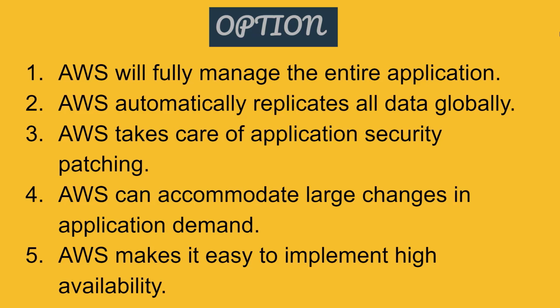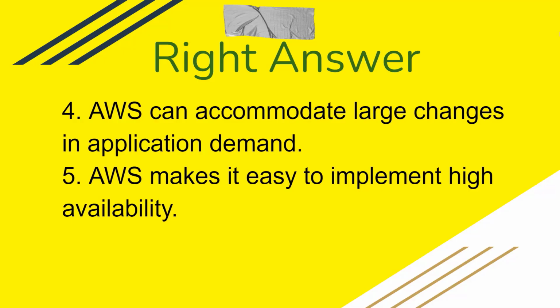AWS takes care of application security patching. 4. AWS can accommodate large changes in application demand. 5. AWS makes it easy to implement high availability. Right answer. 4. AWS can accommodate large changes in application demand. 5. AWS makes it easy to implement high availability.